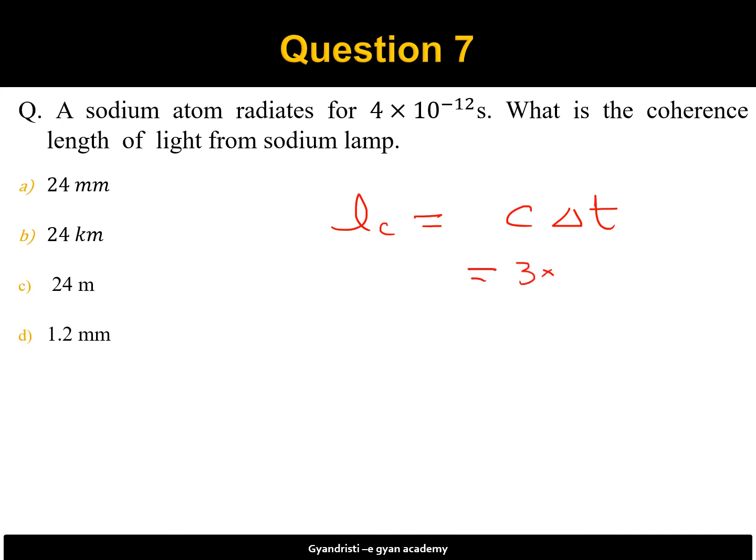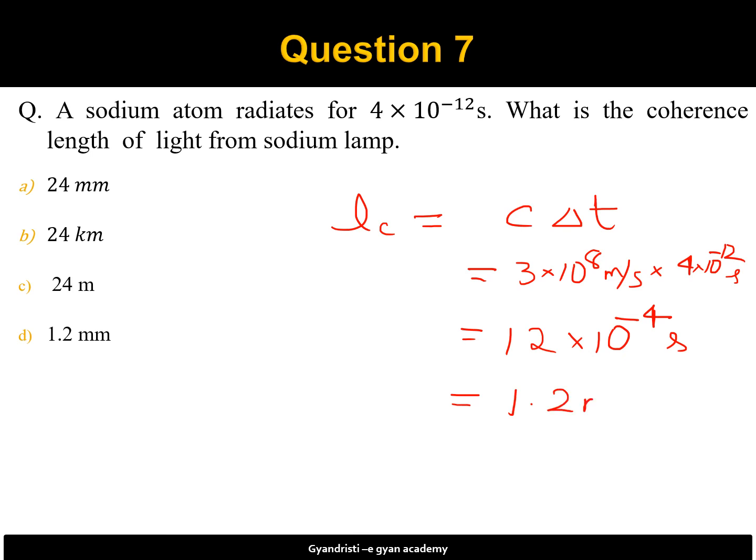So c is 3 into 10 to the power 8 meter per second, and delta t is 4 into 10 to power minus 12 second. If you solve it, you will get 12 into 10 to power minus 4 meter. So it is equal to 1.2 mm. So the correct option is 1.2 mm.